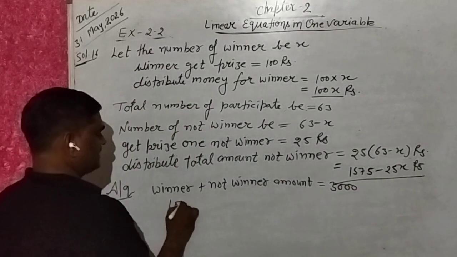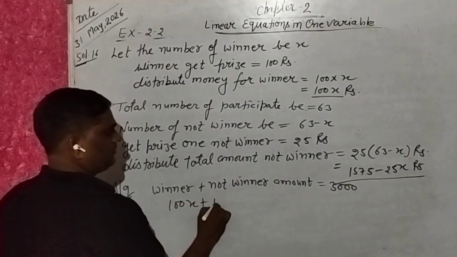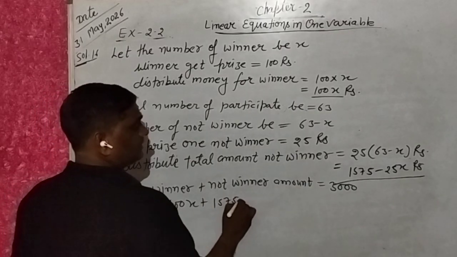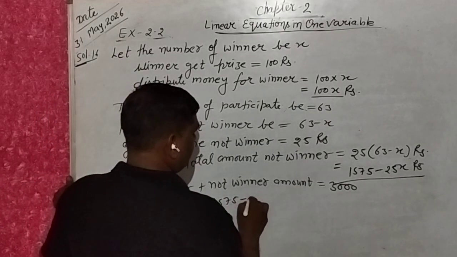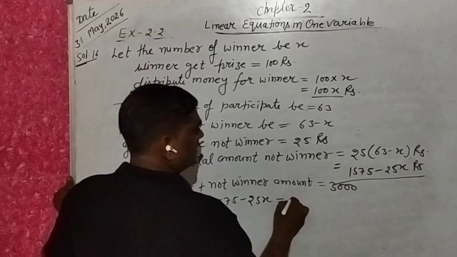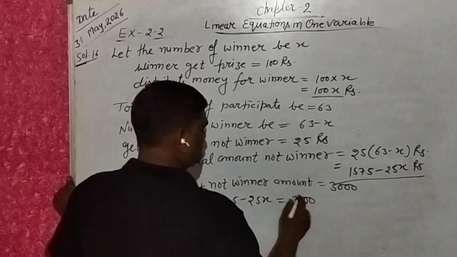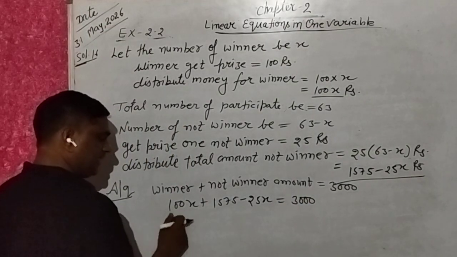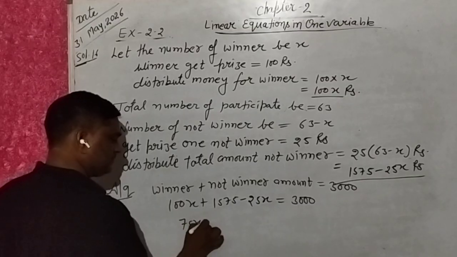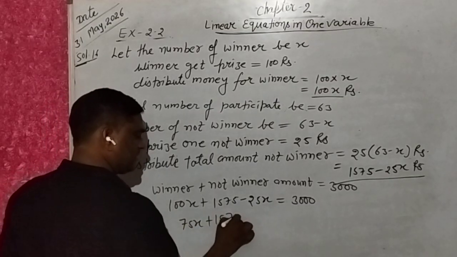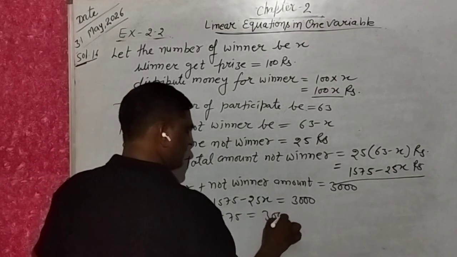Winners 100x plus 1575 minus 25x is equal to 3000. So 75x plus 1575 is equal to 3000.